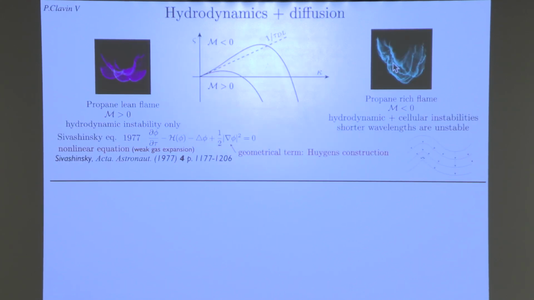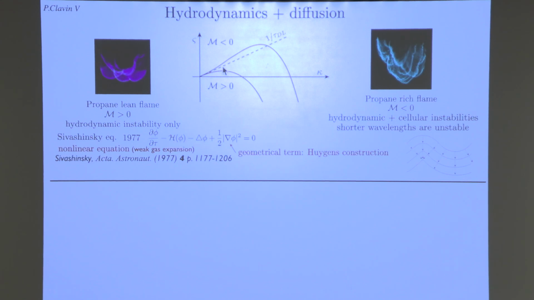Now, a few words when you put together the two results that I have just mentioned. This dashed line here is the Darrieus-Landau analysis. The growth rate is linear in terms of the wave number.